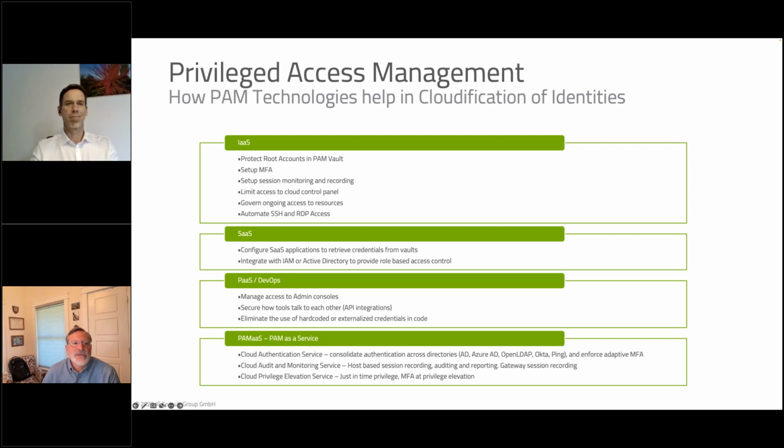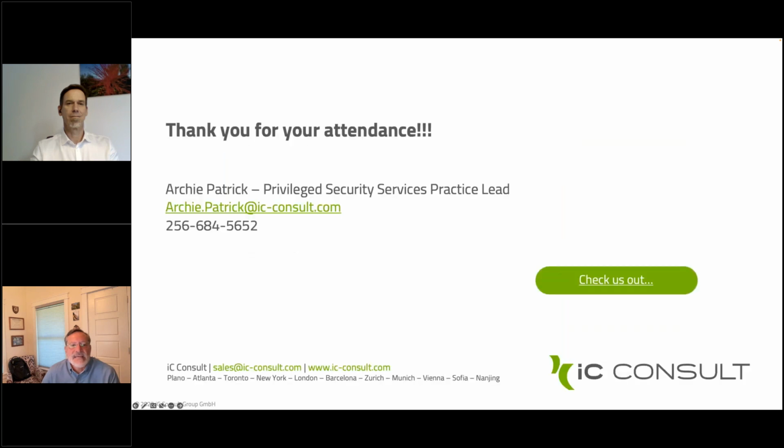So the first 3 can be managed with PAM for the cloud. And the last item here, PAM as a service, is PAM on the cloud. And that's what I've got so far, and I'll turn it over to Andreas.